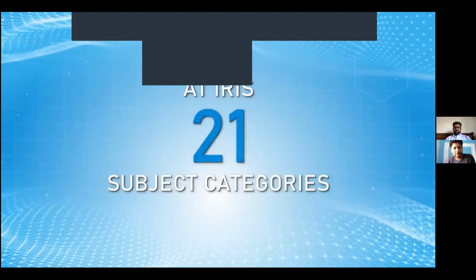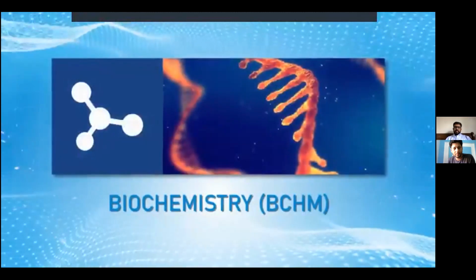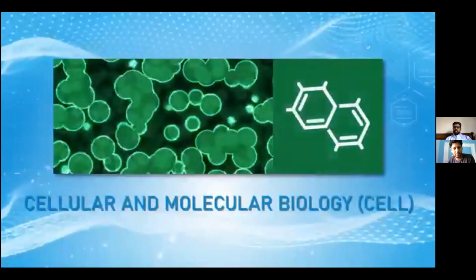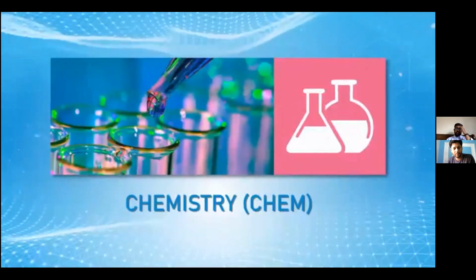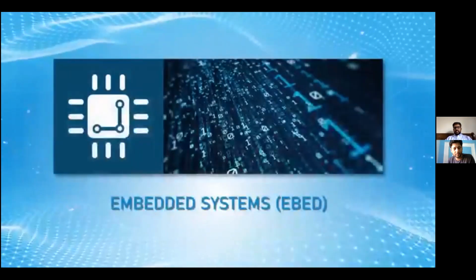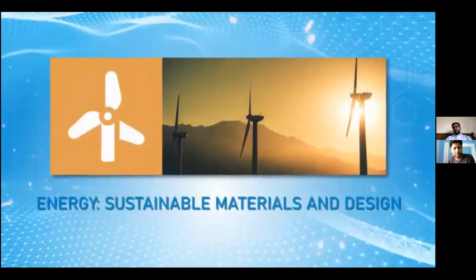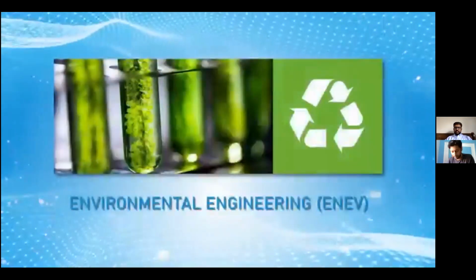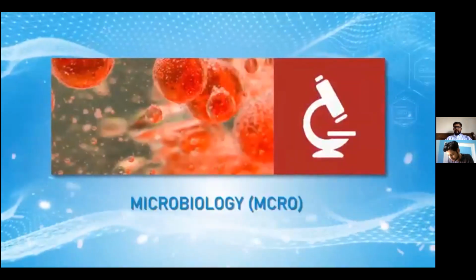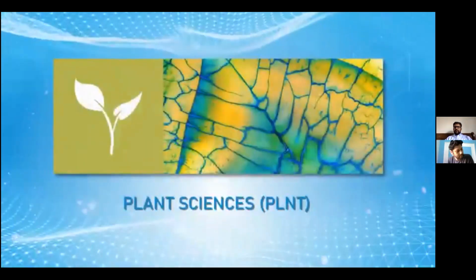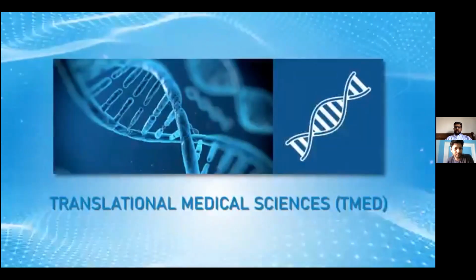The categories include animal sciences, behavioral and social sciences, biochemistry, biomedical and health sciences, biomedical engineering, cellular and molecular biology, chemistry, computational biology and bioinformatics, earth and environmental sciences, embedded systems, energy, sustainable materials and design, engineering mechanics, environmental engineering, material sciences, mathematics, microbiology, physics and astronomy, plant sciences, robotics and intelligent machines, system software, and translational medical sciences.